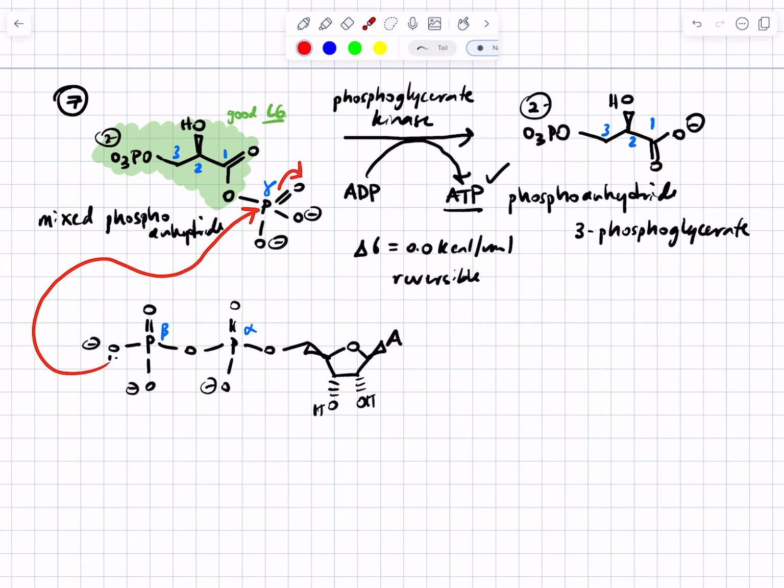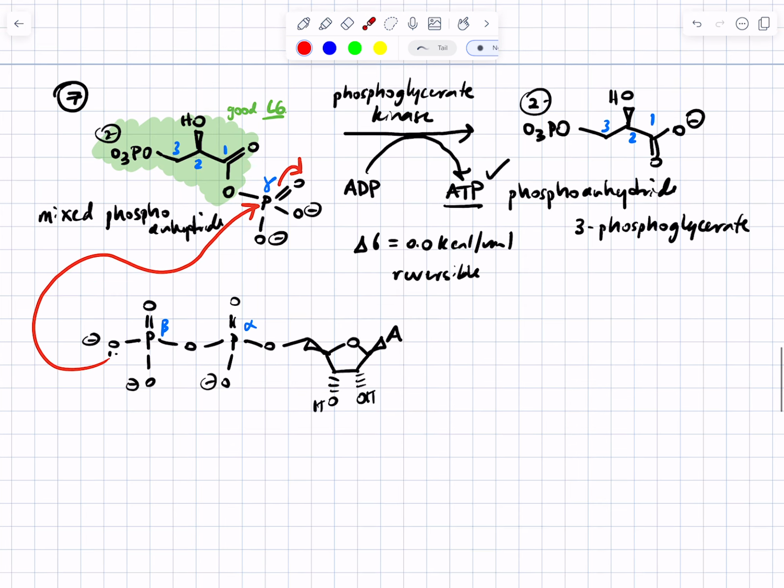This is a little bit more in detail than your text shows. Your text simply shows an SN2 type reaction, though there is evidence for a pentavalent phosphorus intermediate, which is why I've drawn the mechanism as we have so far.